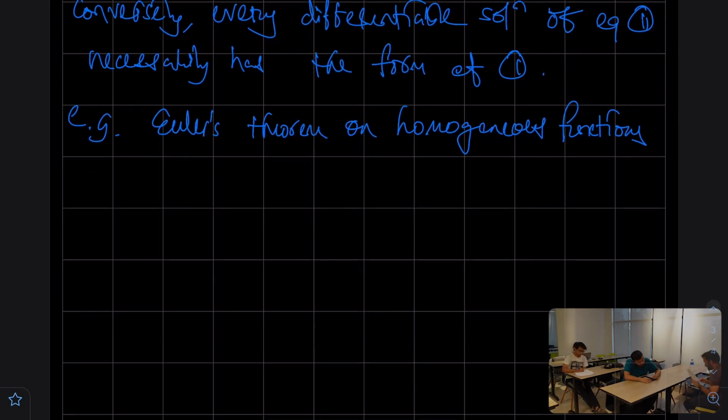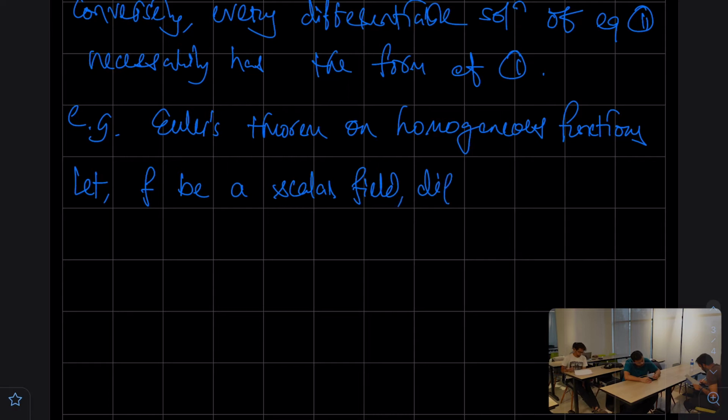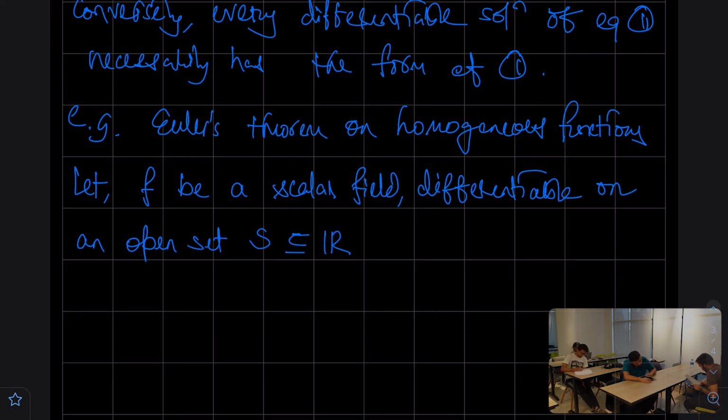Okay, is that theorem here? Yeah, it's here. So the theorem is this: let f be a scalar field, differentiable on an open set S, that is a subset of some R^n.